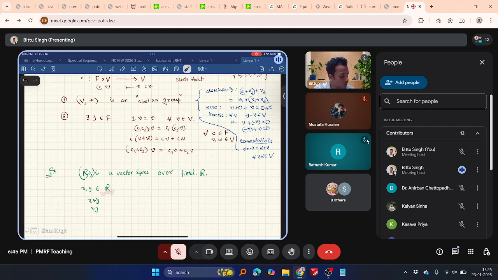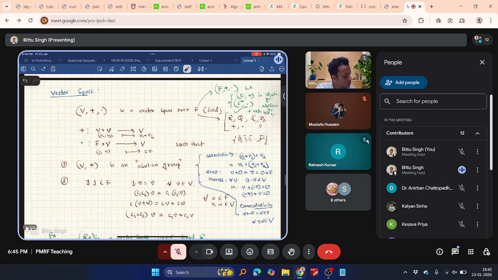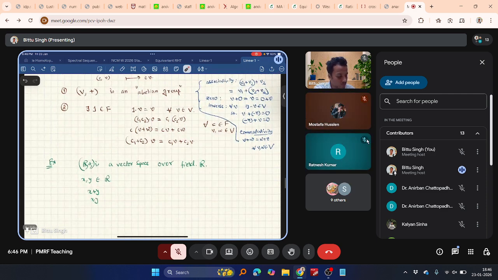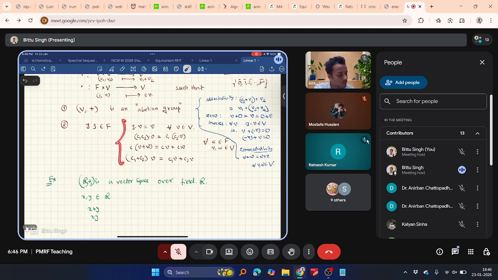The set of real numbers forms a field. We can check all those properties. Real numbers satisfy the abelian group properties: addition is associative, there is some 0, there is an additive inverse, and this addition is also commutative. Similarly, we can check those properties for multiplication.